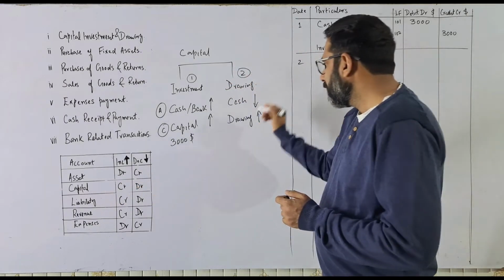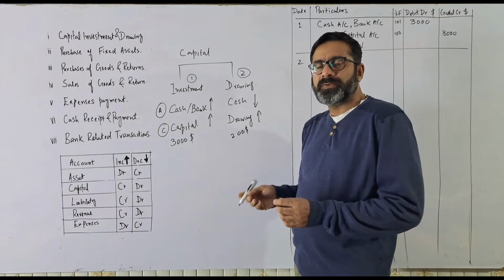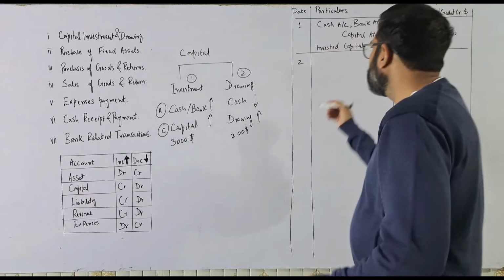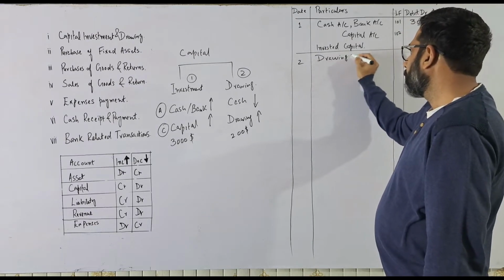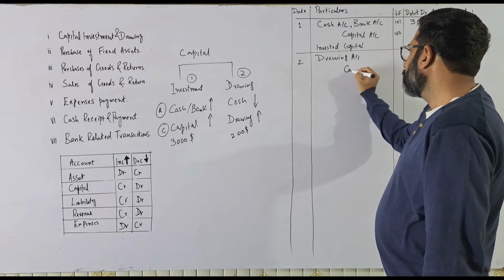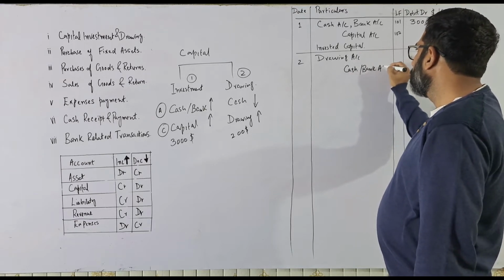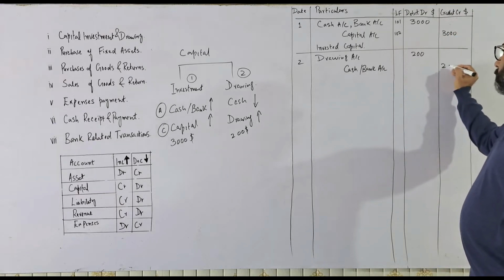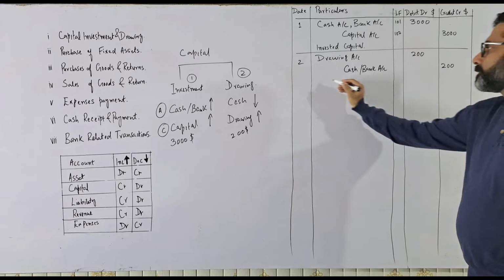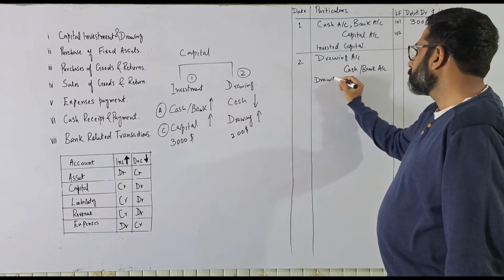For example, the person has withdrawn $200 from the business for personal use. So the drawing account is debit and the cash or bank account is credit for $200. This is drawing by the owner.